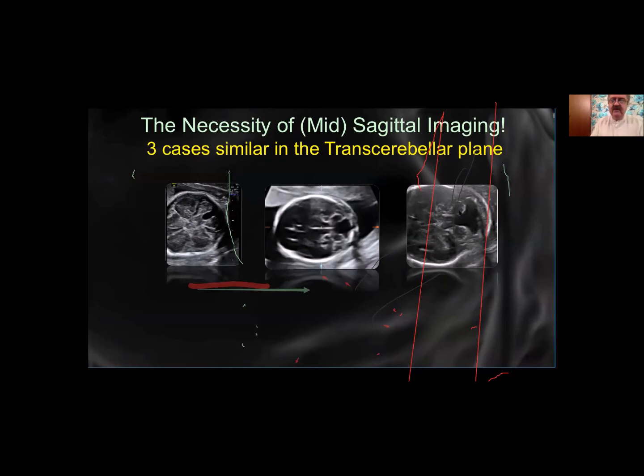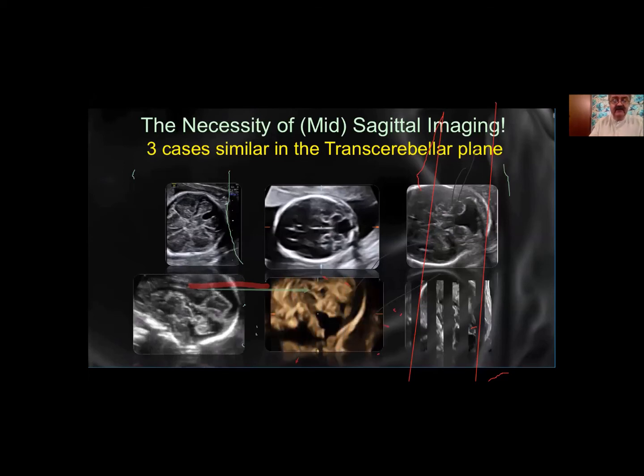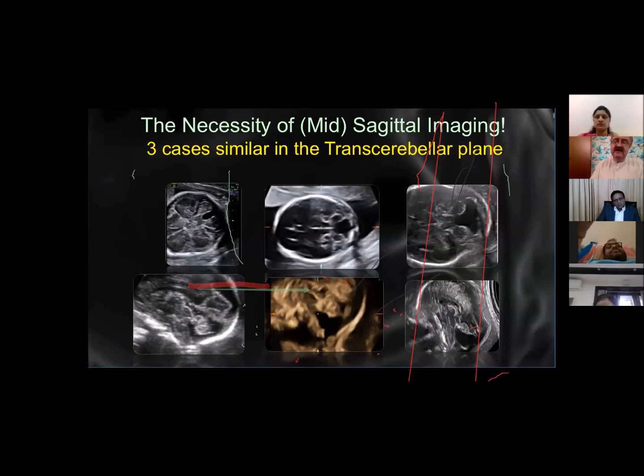What ultrasound is done now always includes a mid-sagittal view in the standard scan to be able to identify that in this particular individual with a hole in the back of the brain, this fetus shows a completely normal vermis of the cerebellum. So this is merely a Blake's pouch cyst, which is a congenital variation, which will disappear. And even if it doesn't disappear, it has an excellent 100% normal prognosis.